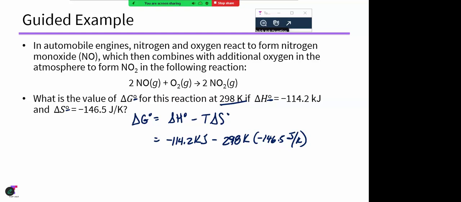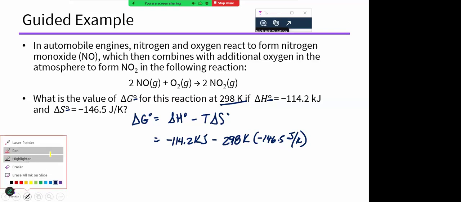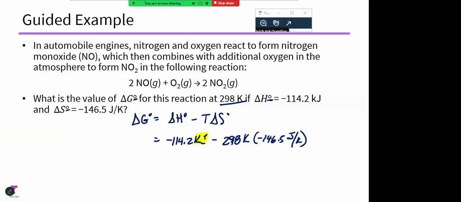Now, before we start furiously punching this equation into our calculator, like in a lot of the cases where we have used energy equations this semester, we need to take special note of the units, because it is very common and easy to see unit mismatches in our equations.